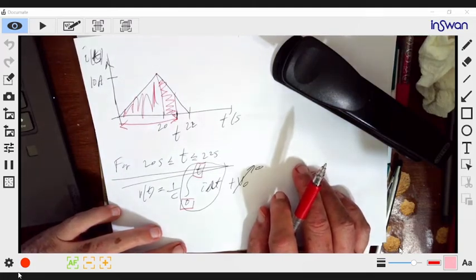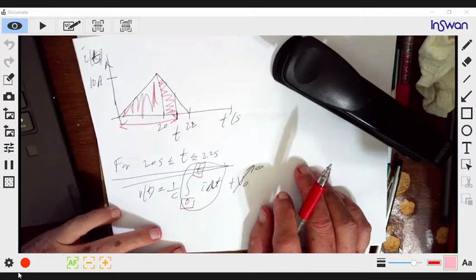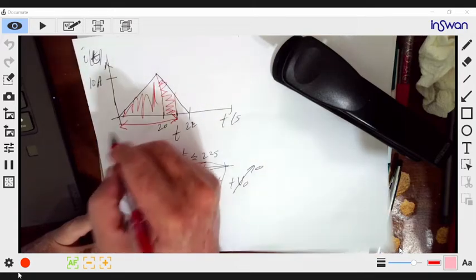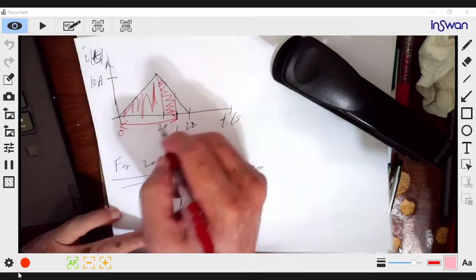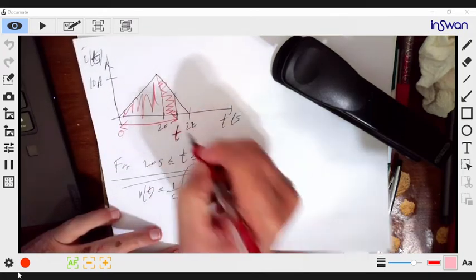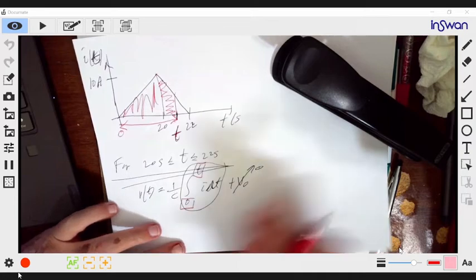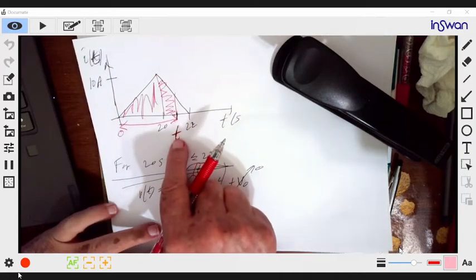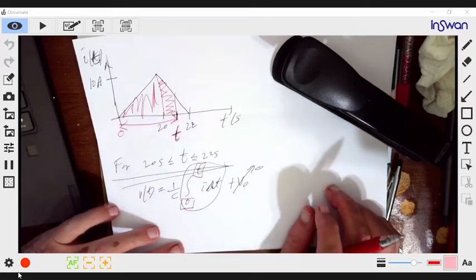So what is this area of? What is the total area? From 0 to 22, and so 0 to T. The last number of T would be 22.